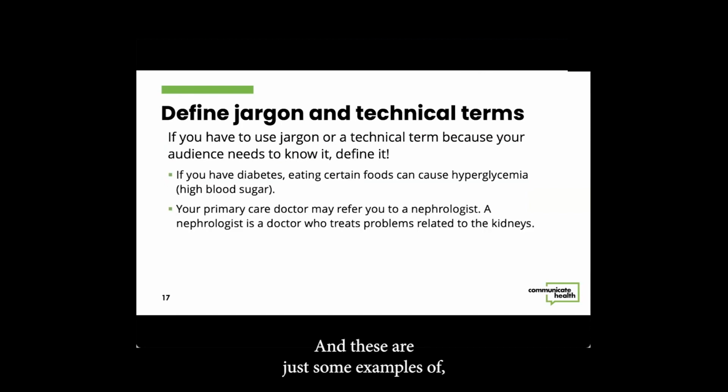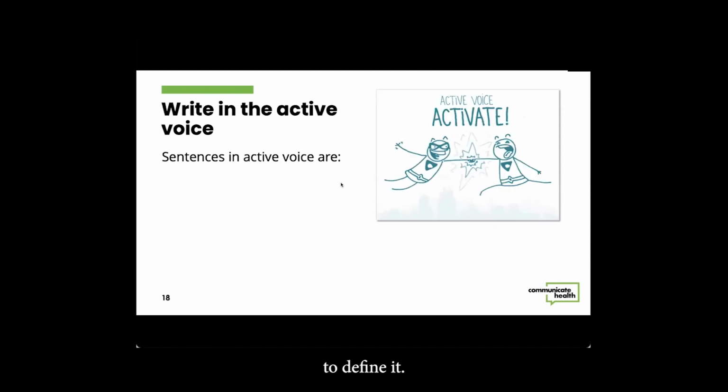And these are just some examples of times where you may need to use a more complicated term like hyperglycemia. So you can see here there are opportunities to define it. All right.